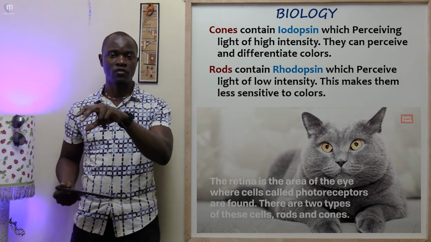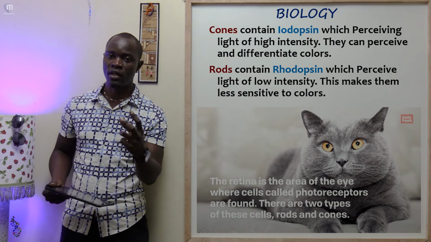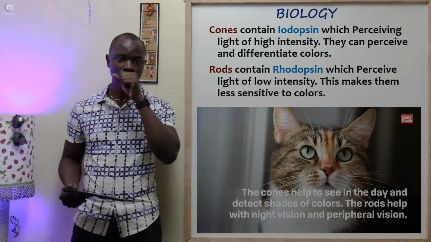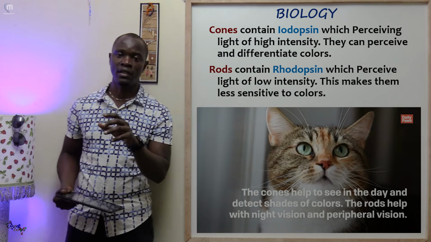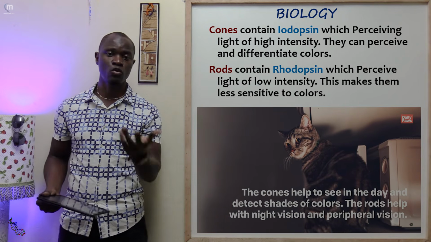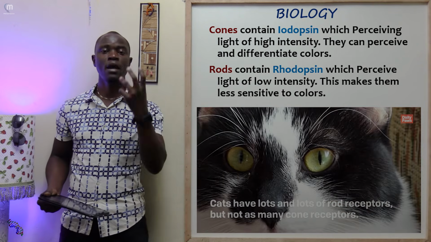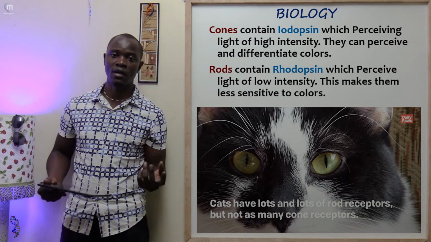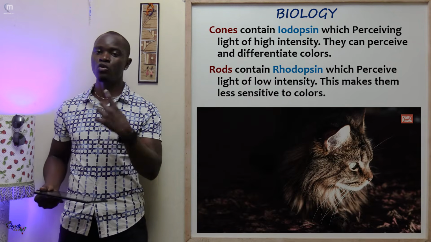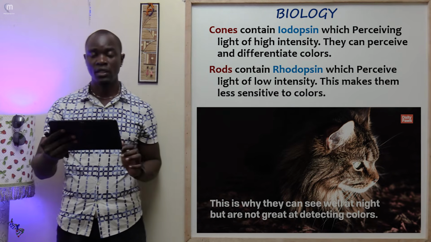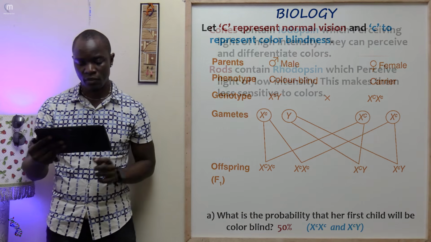The rods are used to perceive light of low intensity. That's why in the cat family, cats can see at night. Cats have very many rods as compared to human beings. That's why cats can see in the dark or in a dimly lit room. But we human beings have fewer rods, so it is difficult for us to see in dimly lit rooms.